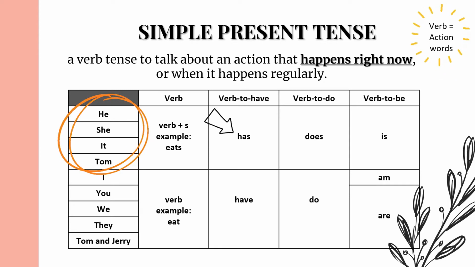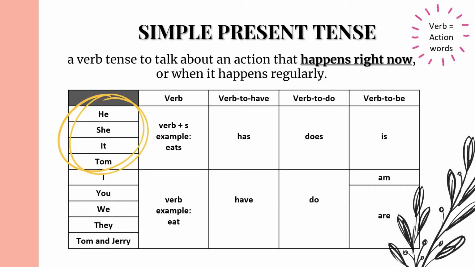He has, she has, it has, Tom has. For verb to do, we need to use does. He does, she does, it does, Tom does. And for verb to be, we need to use is. He is, she is, it is, Tom is.